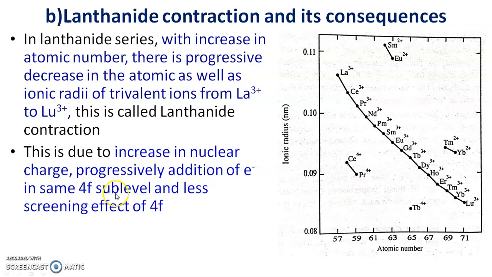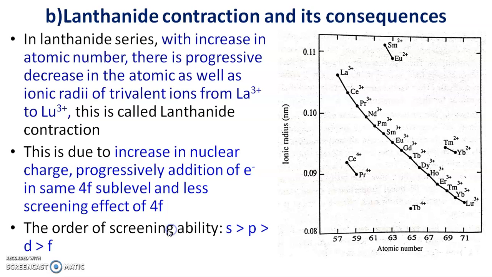And one of the reasons for lanthanide contraction is the less screening effect caused by the 4f subshell. Actually, the order of screening ability is that the s subshell has the highest screening ability as compared to p, then d, and the f subshell has the lowest screening ability.